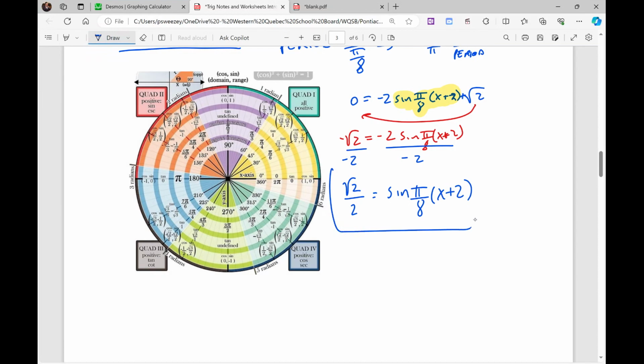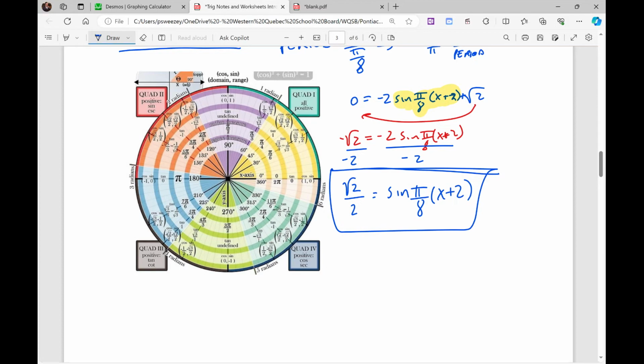So this is where it's going to split off. The first version is kind of what your calculator is doing, and there are some common values. That's what this unit circle is showing you: common values for what the square root of 2 over 2 can turn into and be useful in terms of solving for x.